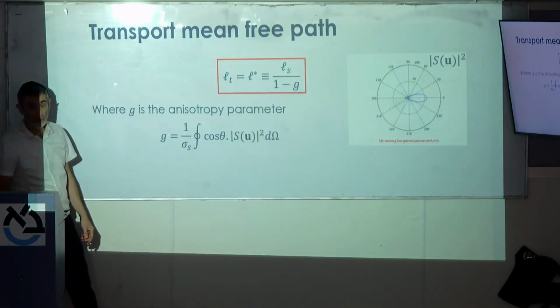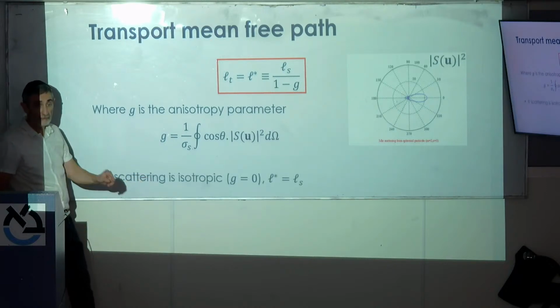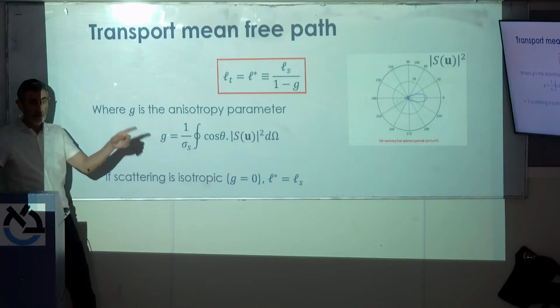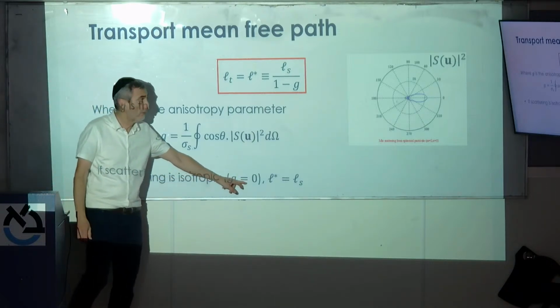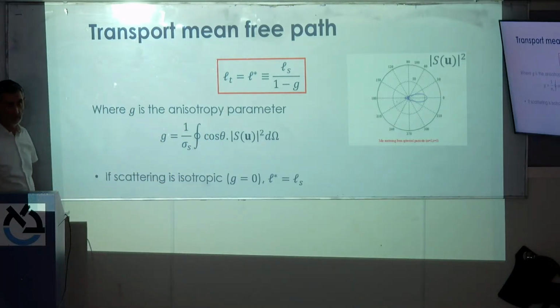And this is true for large particles, by the way. If the scattering is isotropic, that's for small particles. For Rayleigh scattering, you have isotropic scattering. In that case, g is equal to 0, and L star and LS are the same. So for Rayleigh scattering, there is no difference.